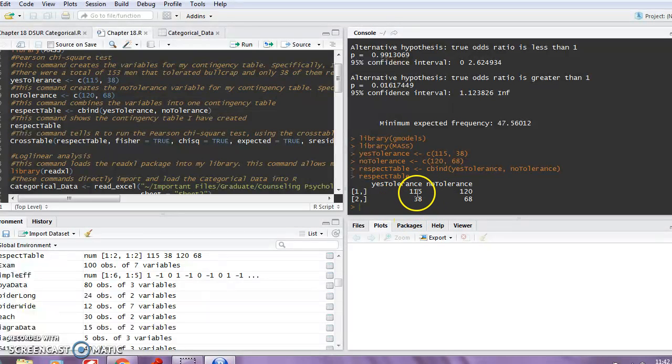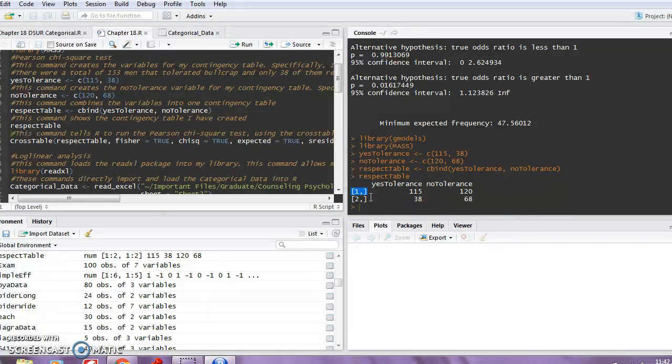This reflects the 153 men who do tolerate bullshit and who receive respect and who don't receive it. And the no tolerance column reflects the 188 men who don't tolerate bullshit from their partner, and the 68 that do receive respect and the 120 that do not.